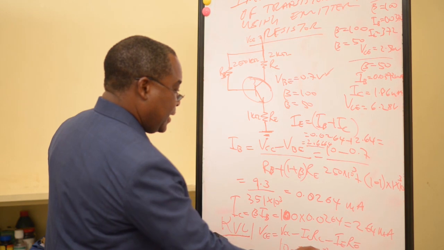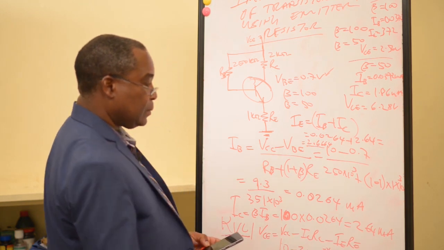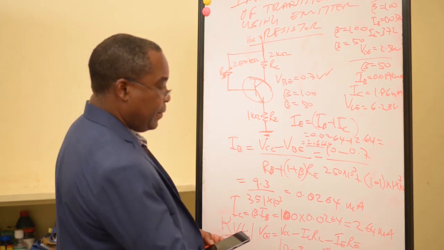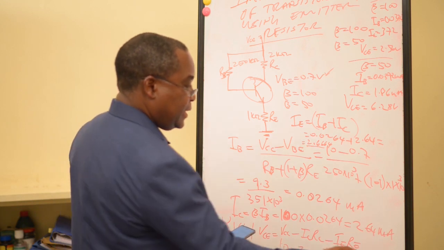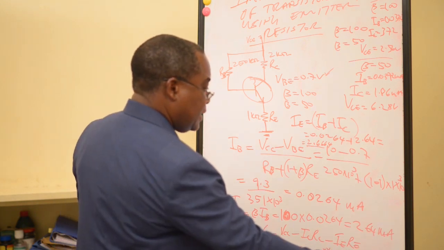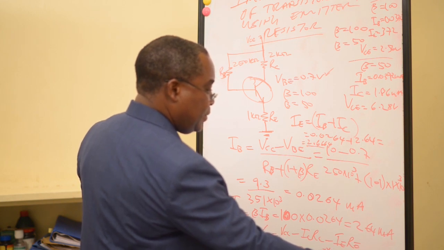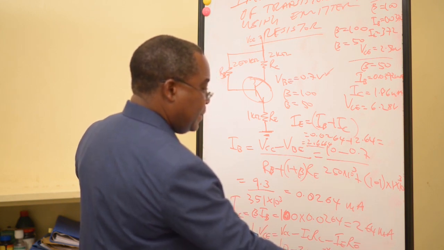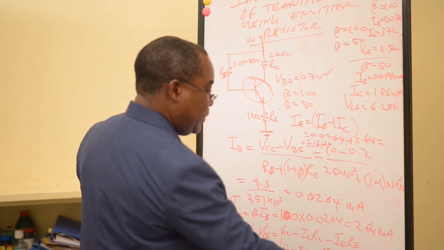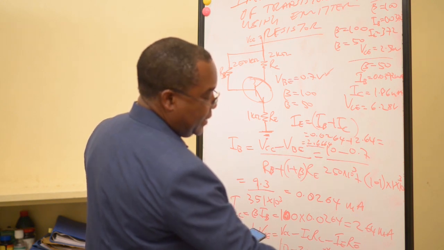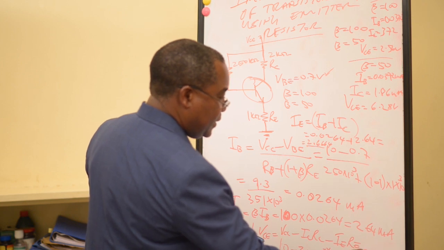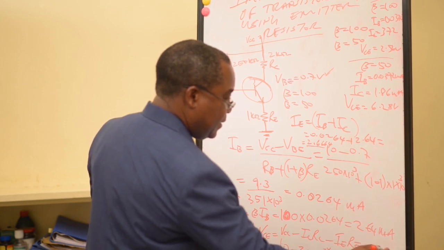This cancels each other, because this is kilo ohms but this one is milli, this is milliampere. So we have here also times 10 power minus 3.